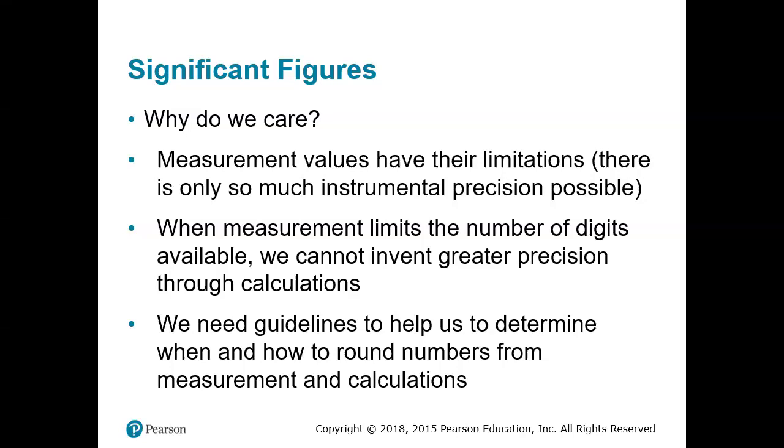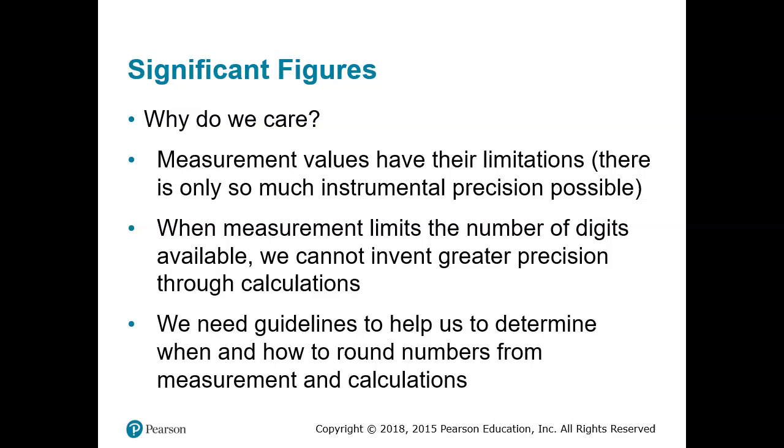to calculate with them? And the main reason that we care is because everything that we do in the sciences starts with measurement. And measurements have limitations. If I'm trying to measure the distance between here and the water tower, there are going to be limitations to my ability to measure that accurately.